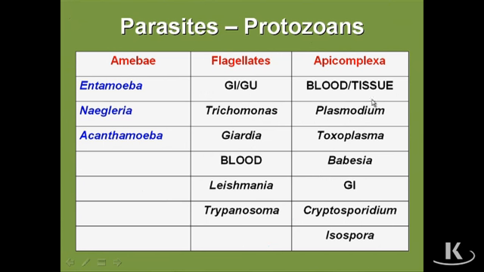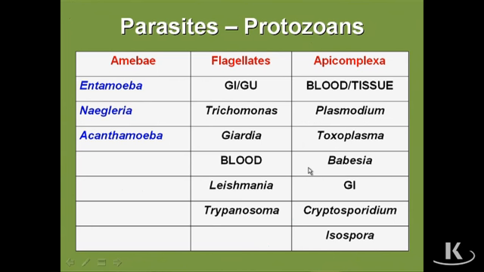Now the apicomplexa, we're typically talking about Plasmodium, which is malaria. That is always high yield for the boards. Toxoplasma is also going to be high yield for Step 1 of the USMLE, and Babesia, okay.